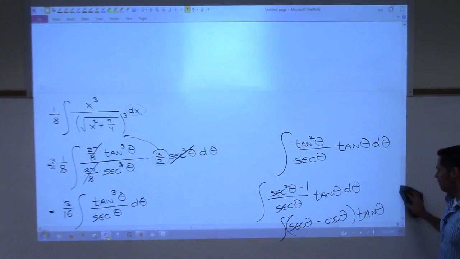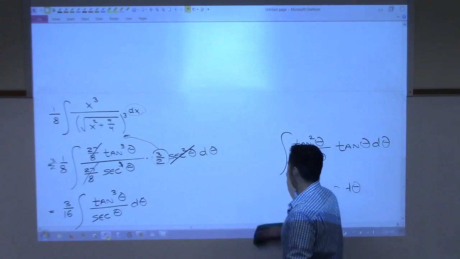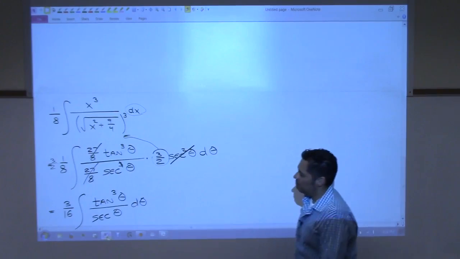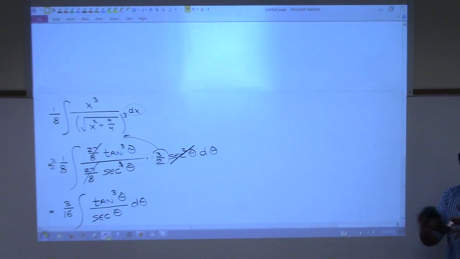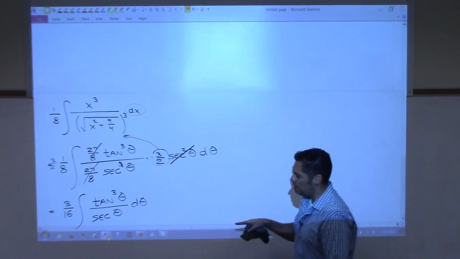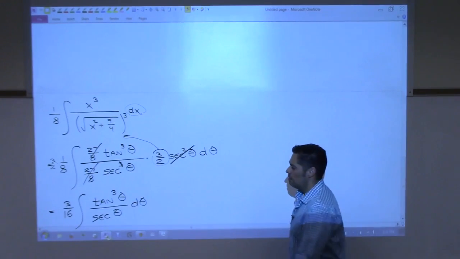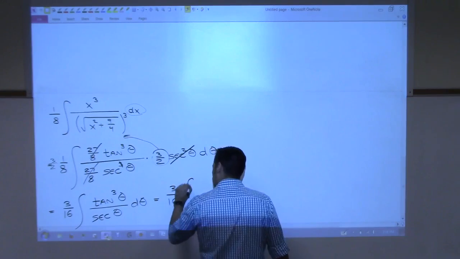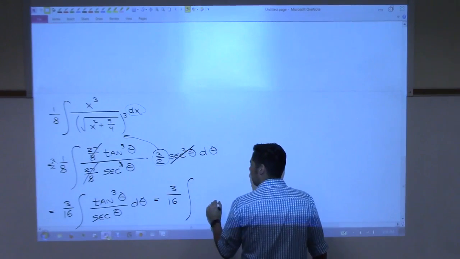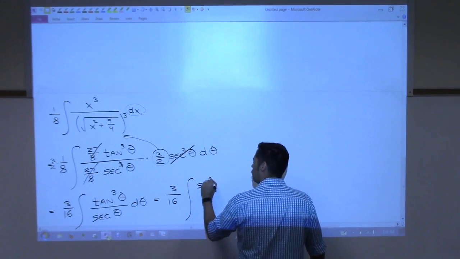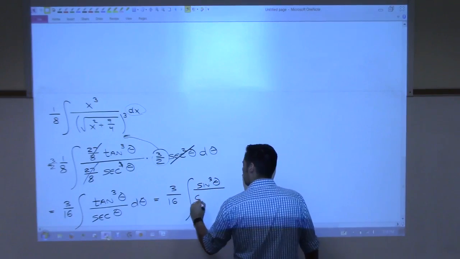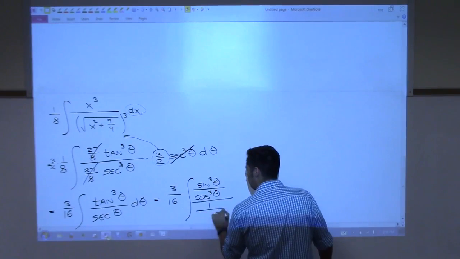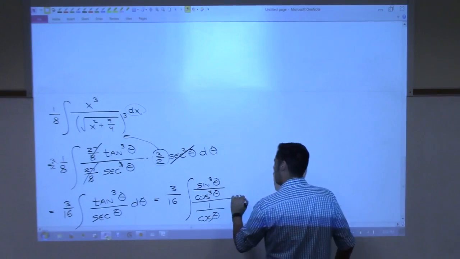But I want to just show that there's multiple paths, and I think the cleanest path from here is sine and cosine. So I'm going to go 3 over 16 integral. All right, tangent cubed is the same as sine cubed over cosine cubed over secant, which is 1 over cosine, d theta.